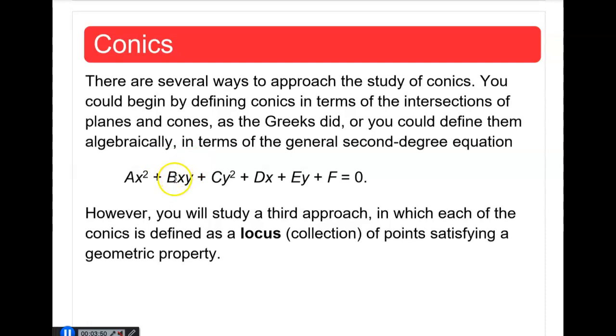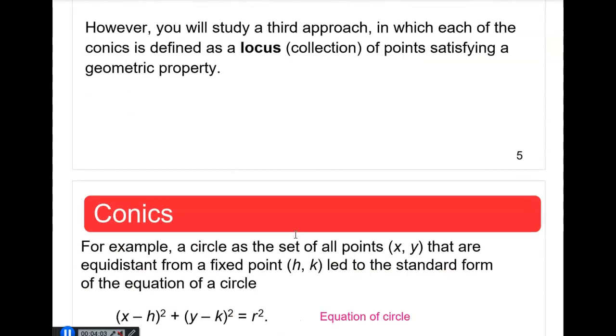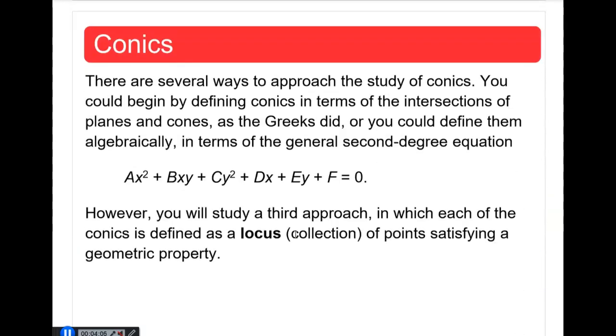So A, B, C, D, E, and F. You will also hear the word locus, which is a collection of points satisfying whichever geometric property we will be discussing. So I'm going to switch to the video.